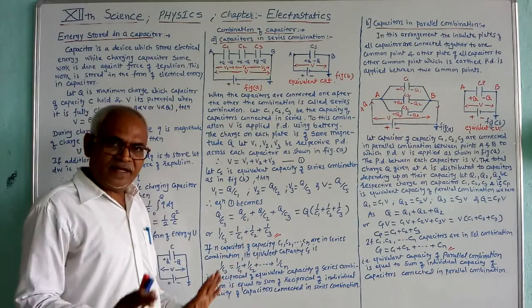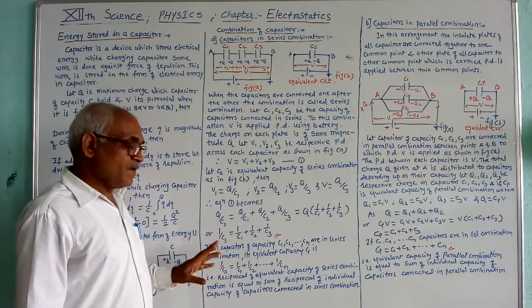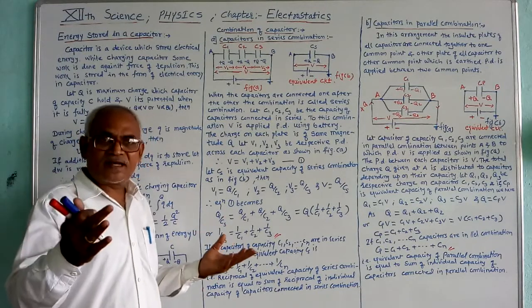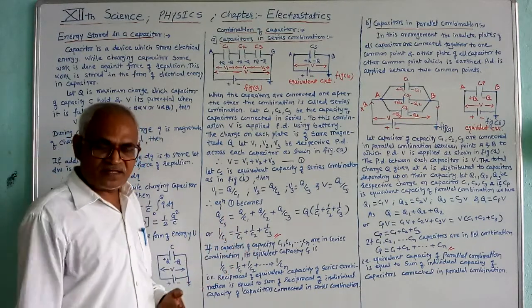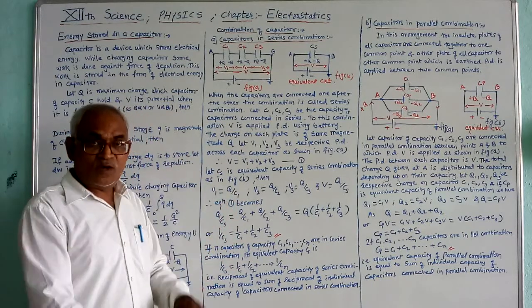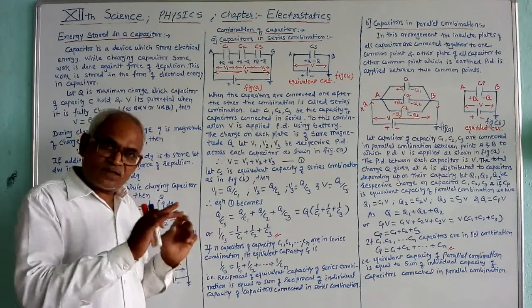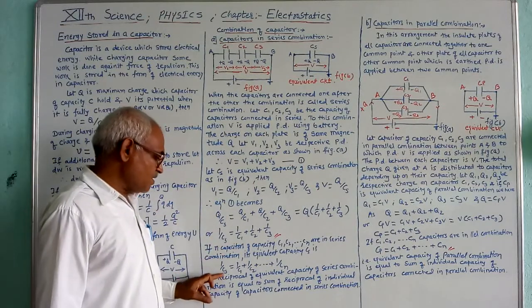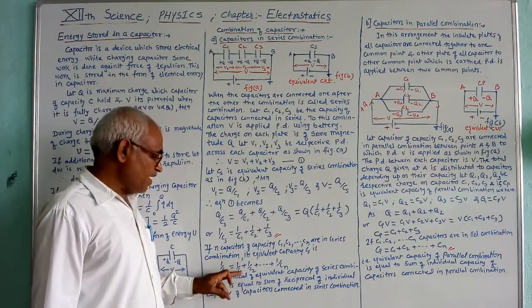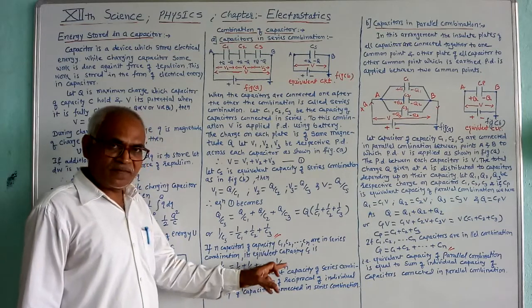Or, in general, if C1, C2, C3 and Cn are the capacities of n capacitors connected in series combination, then the equivalent capacity of that series combination is given by 1 by Cs equals 1 by C1 plus 1 by C2 plus and so on plus 1 by Cn.